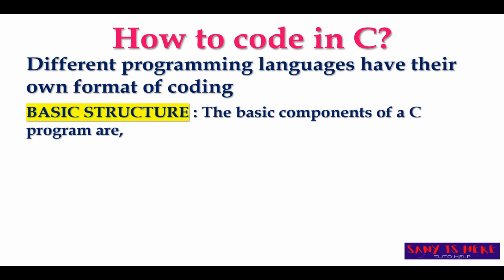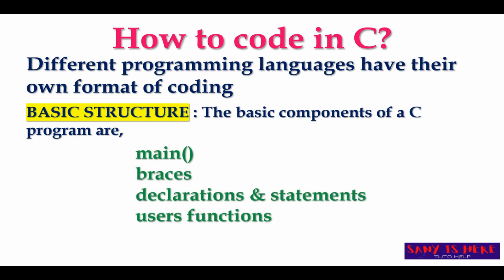Before going to write the program, we should know what is the basic structure. Okay, what it should include. Let us see. Every C program has a main function and it has braces and declarations, statements, and user functions.